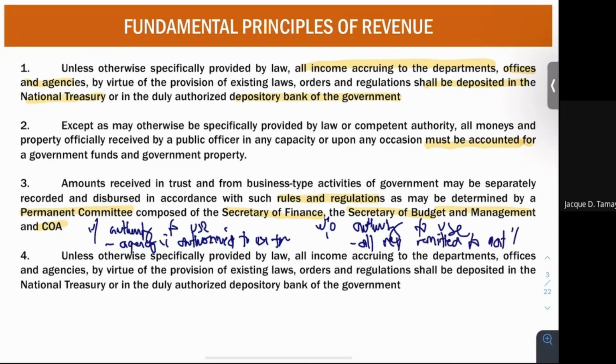Sir, can we still call it with authority to use and without authority to use as of now? Actually, we can. We can do so because it is the same concept. However, the GAM or the Government Accounting Manual did not make use of those terms, and it's just spread through the different parts of the GAM.